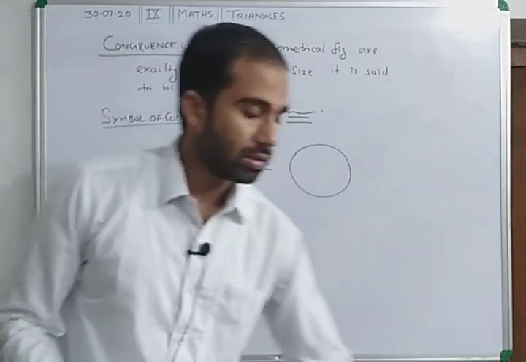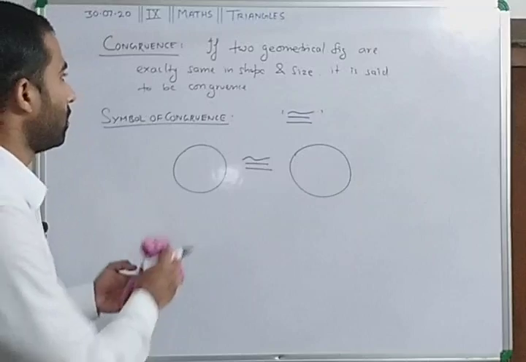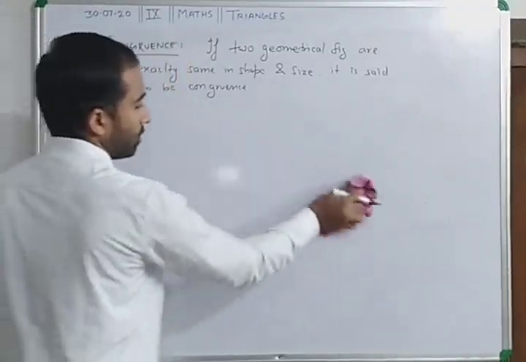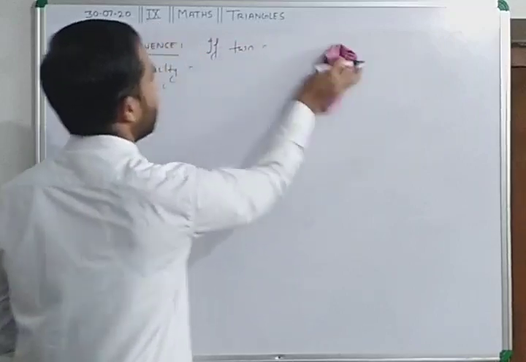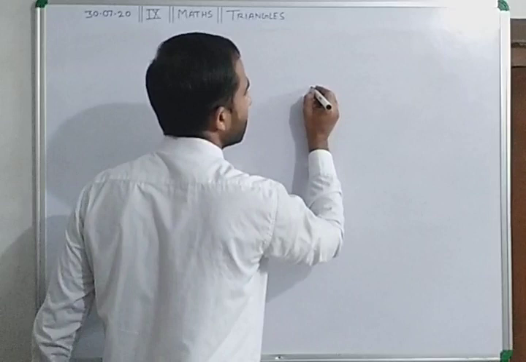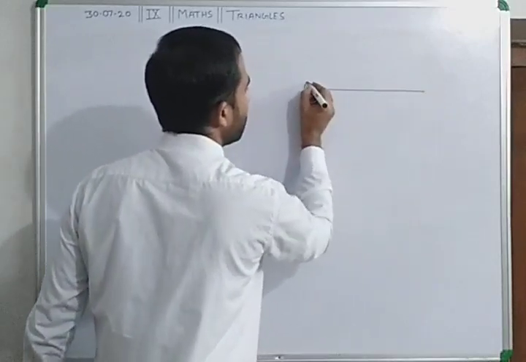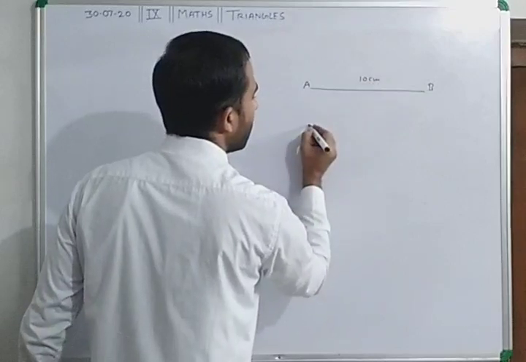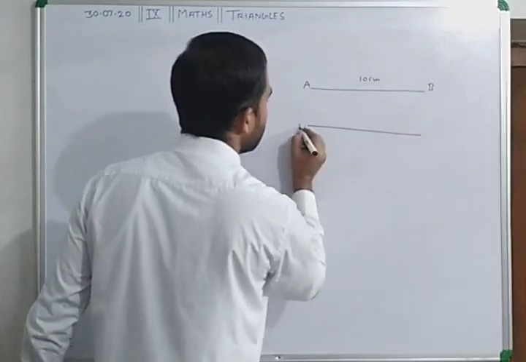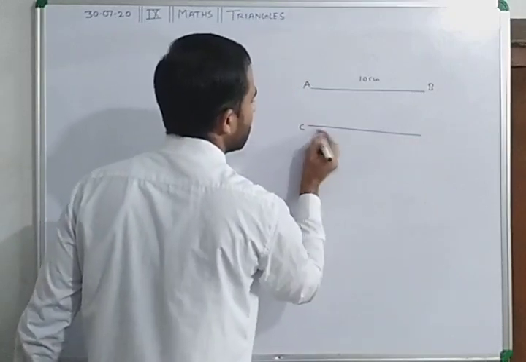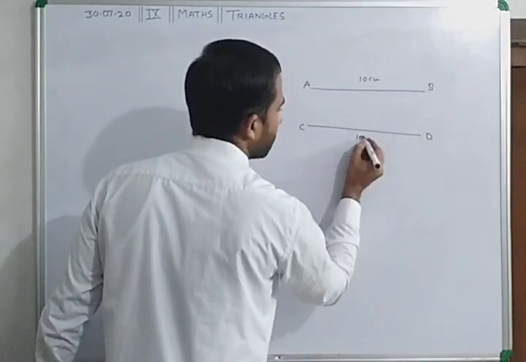Okay, similarly, congruency of line. Suppose there are two lines given, say AB of 10 centimeter and CD is also 10 centimeter.